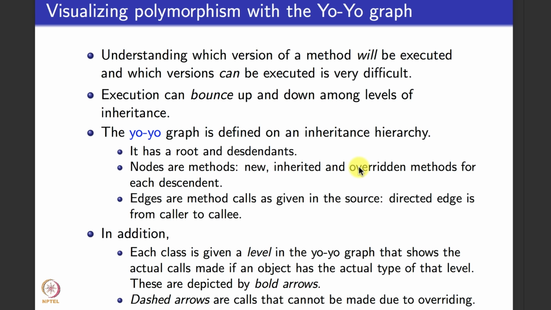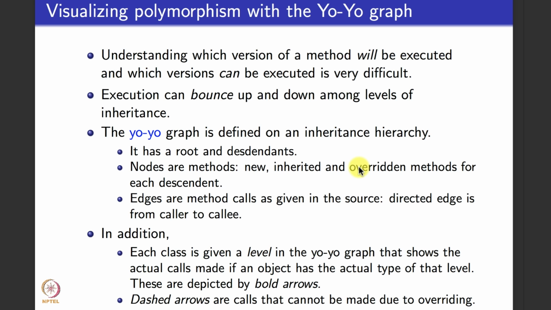So Yo-yo Graph deals with the problem of which is the version of the method that will be called. It's a very difficult problem to understand because the calls of the methods can bounce up and down like in a yo-yo. That's what we will illustrate. So what is a yo-yo graph? You all might be familiar with the yo-yo toy, right?